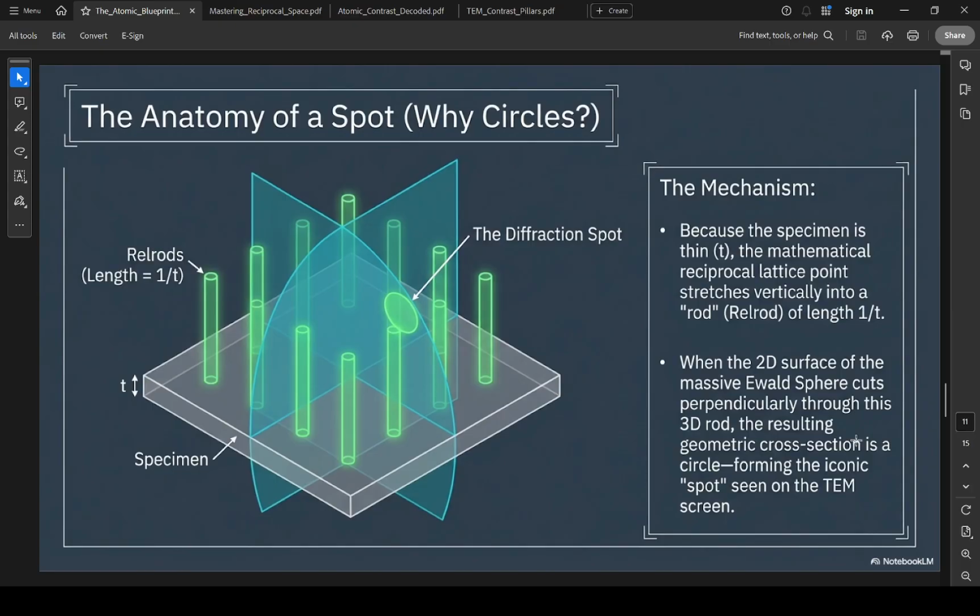And when the 2D surface of the massive Ewald sphere cuts perpendicularly through this 3D rod, the resulting geometric cross section is a circle, which forms the spot we see on the TEM screen. So when the Ewald sphere crosses this rel-rod, it will result in a circle.